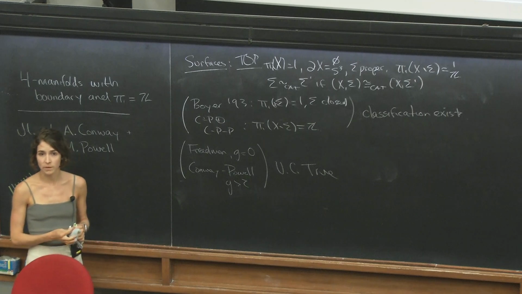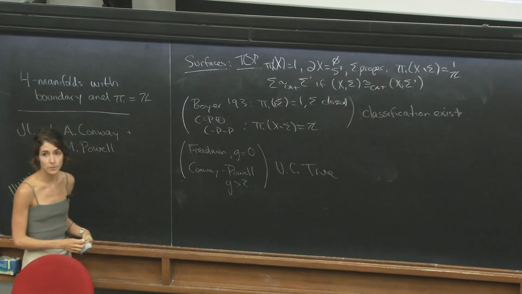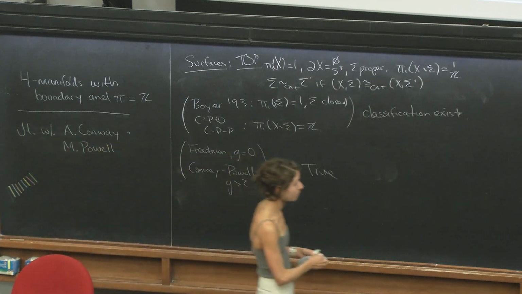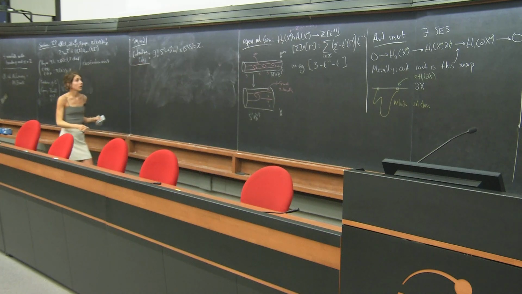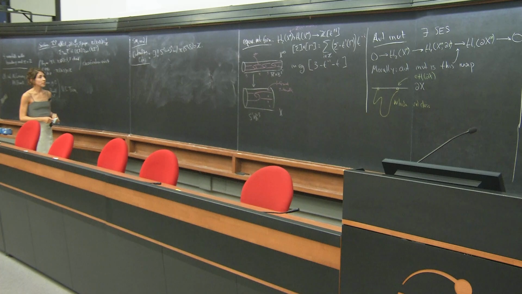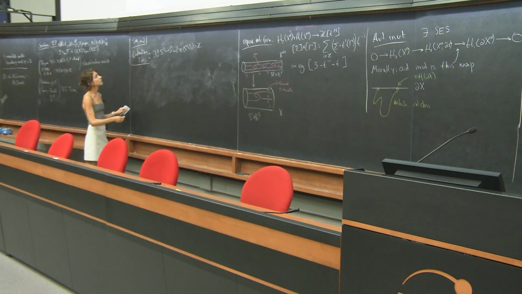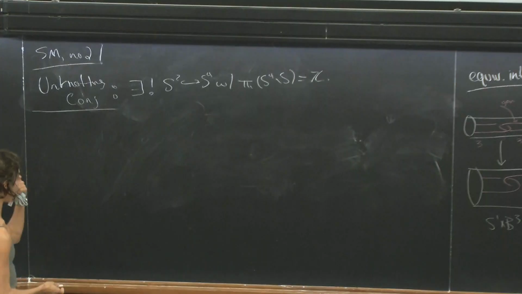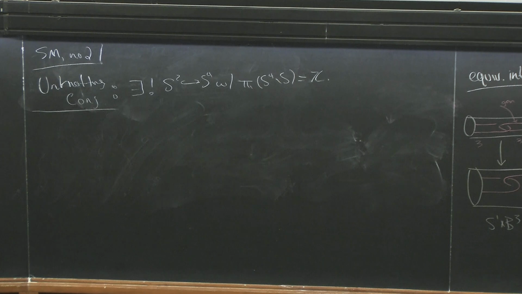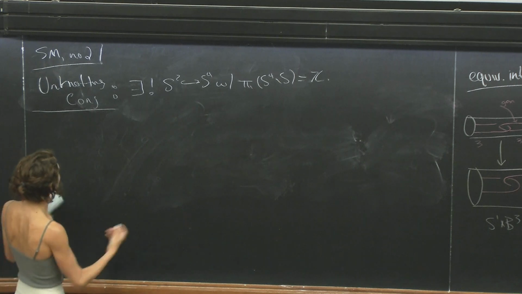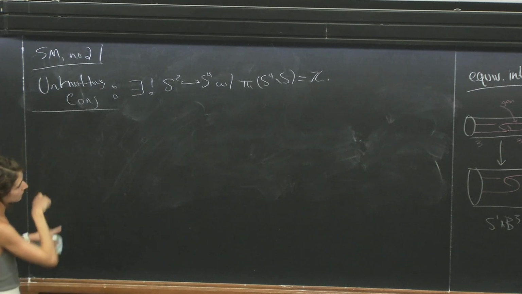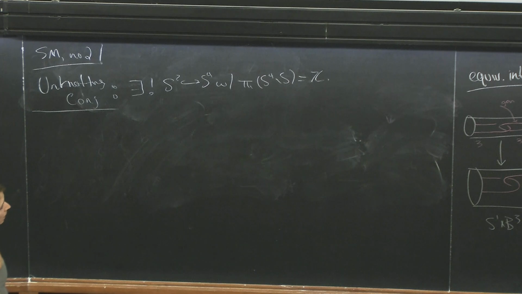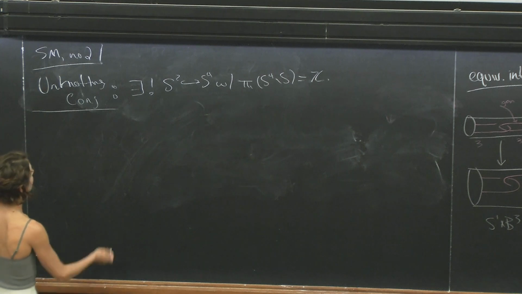It's probably true, but their techniques kind of break down. So this conjecture appears to be rather difficult for closed surfaces, but let me try to tell you a little bit about what we do and don't know about them.